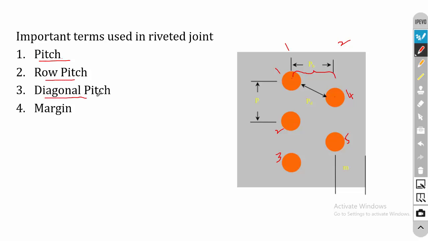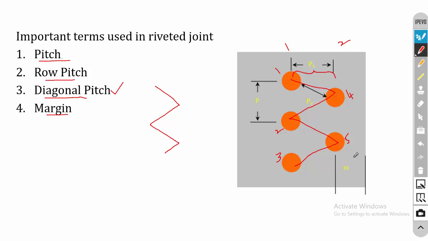Then diagonal pitch: in some cases you may have a zigzag type of rivet arrangement. So here you can see a zigzag type of rivet. In that case, the diagonal distance between two rivets is called the diagonal pitch. The last one is margin.